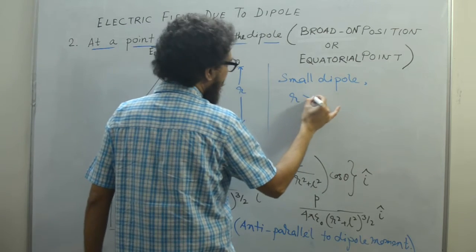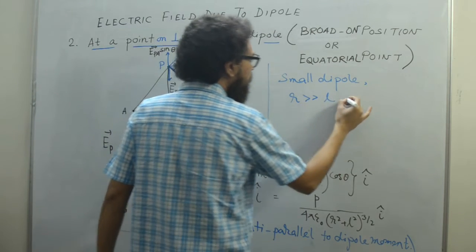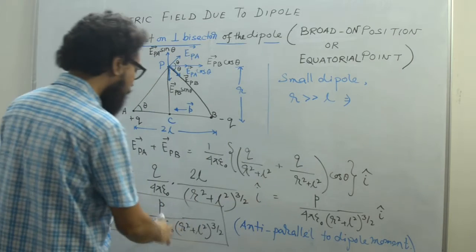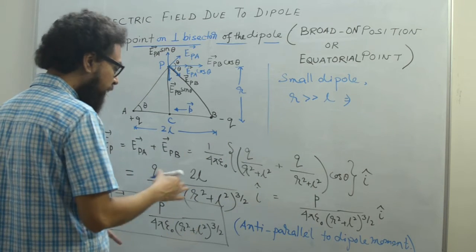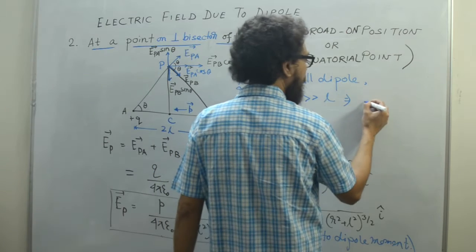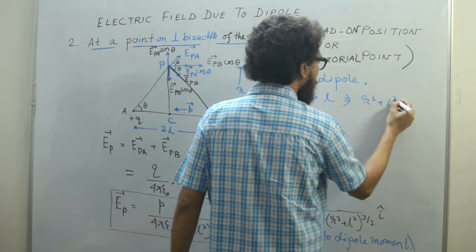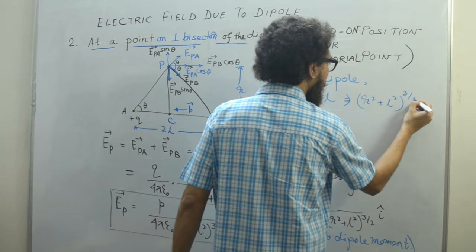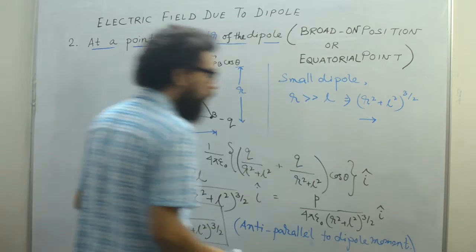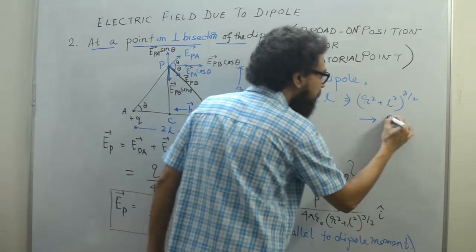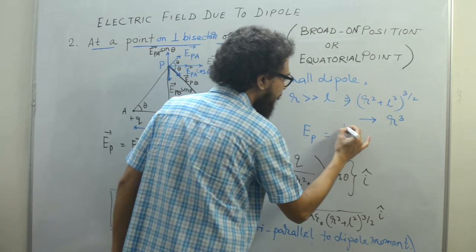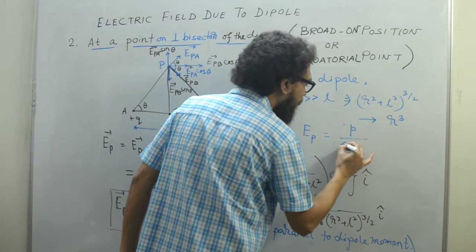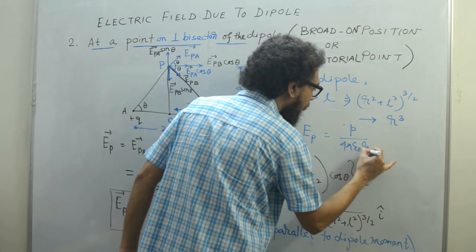Small dipole means R is much greater than L. So that immediately means this R square plus L square whole to the power 3 by 2 converges to what? Tell me, is R cube. So what is that? EP, I'm just writing the magnitude is P by 4 pi epsilon naught R cube.